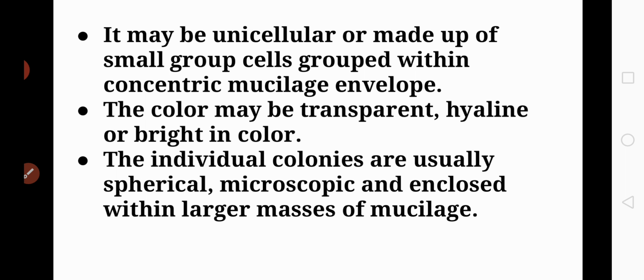That means the thallus may be unicellular or they may be made up of a small group of cells, and these cells are grouped within a concentric mucilage envelope. And the color of the member may be transparent or colorless or bright in color, and the individual colonies are usually spherical and microscopic and always enclosed within larger masses of mucilage.